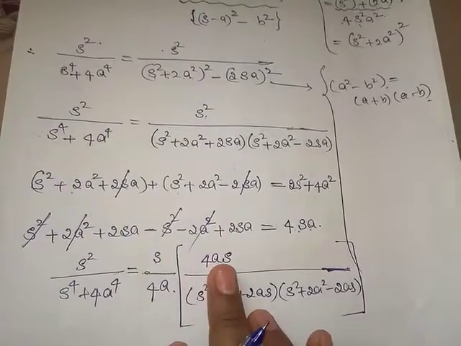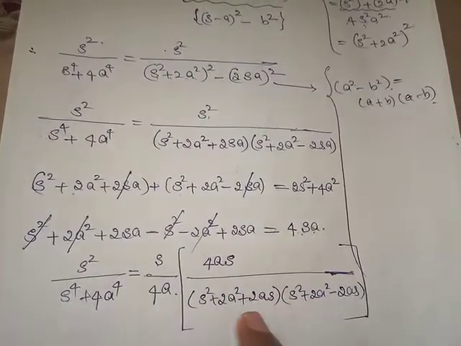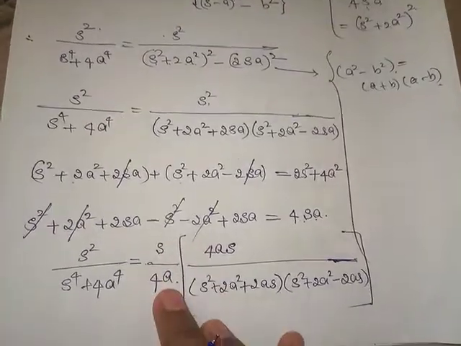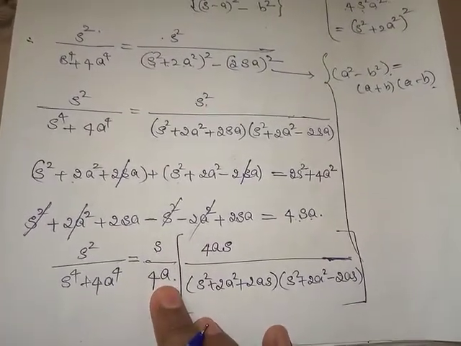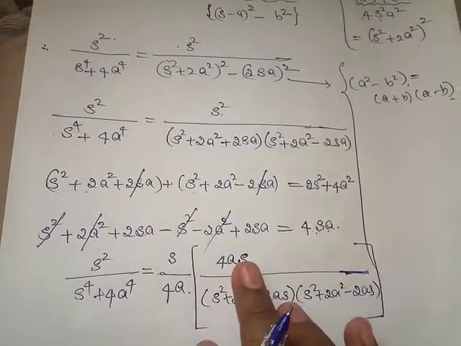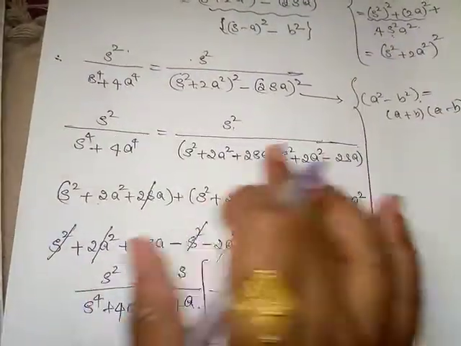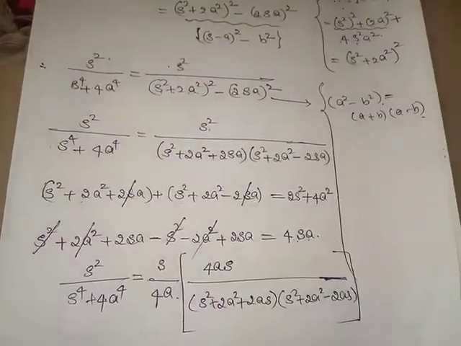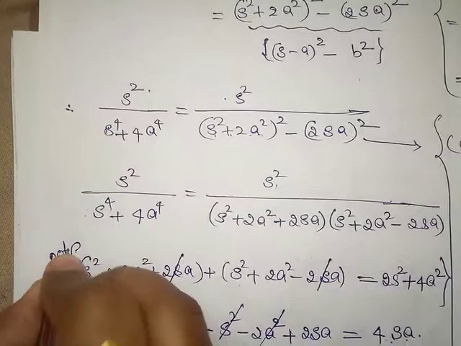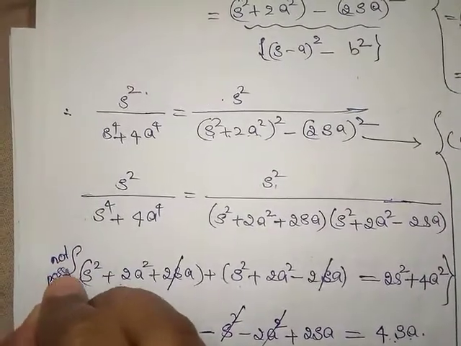I will get 4as divided by this one. To balance this, I am dividing by 4a, therefore it is s divided by 4a. Next step, in place of 4as you can write this subtraction of these two terms. For taking the numerator this is not possible.